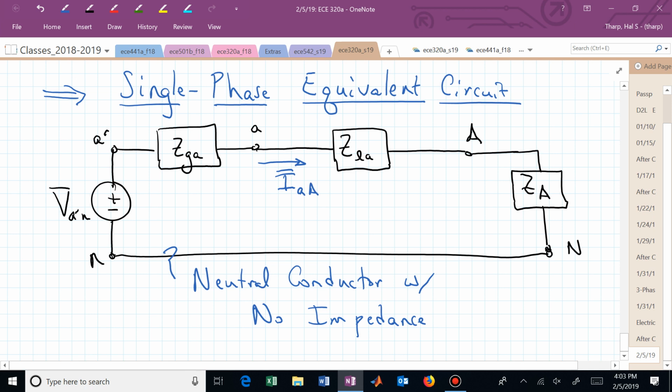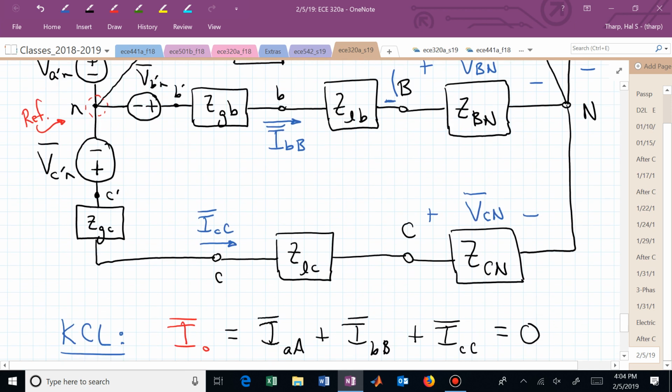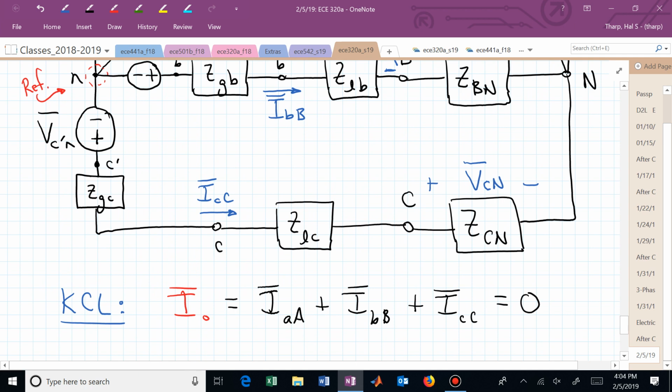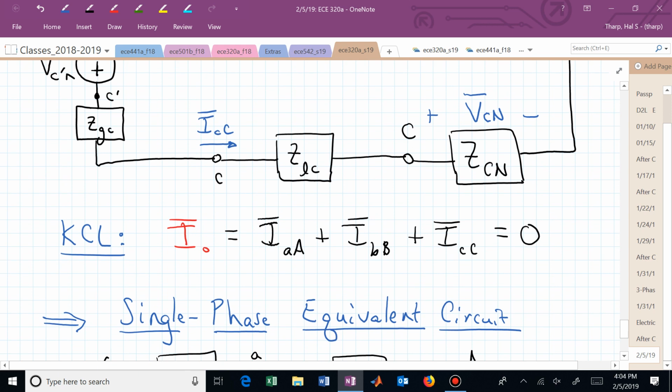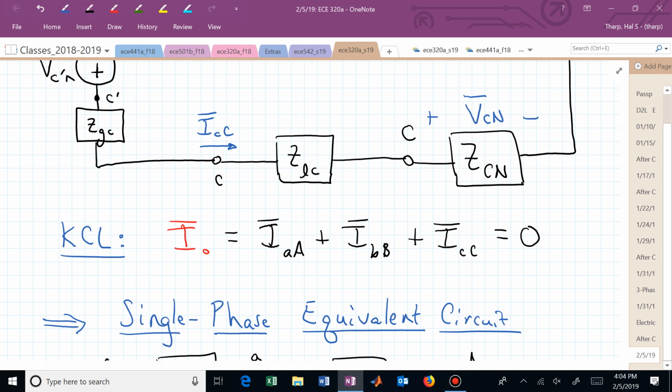Question? Can we go over why that I sub 0 equals 0 one more time? So somebody didn't like my triangle. Why is I sub 0 equal to 0? So now we're saying that I sub AA, I sub BB, and I sub CC form a balanced set of currents.